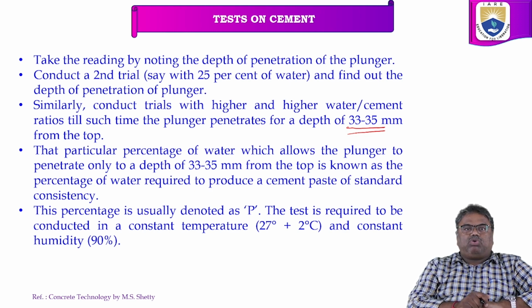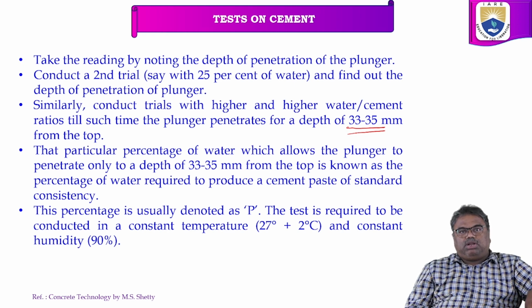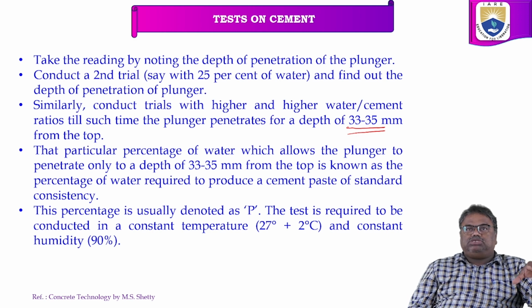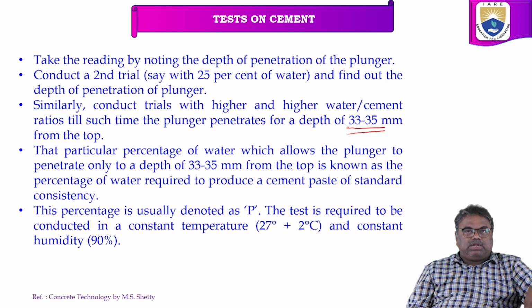The test is required to be conducted at a constant temperature, that is, room temperature, and the humidity should be 90%. So this is how you do the standard consistency test.